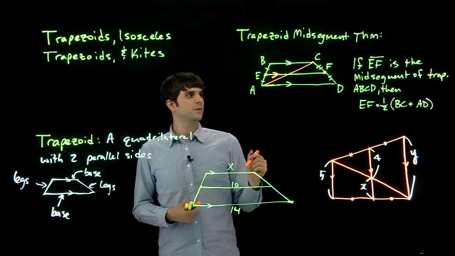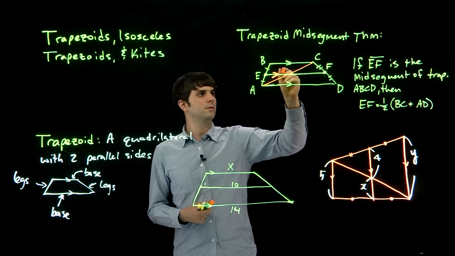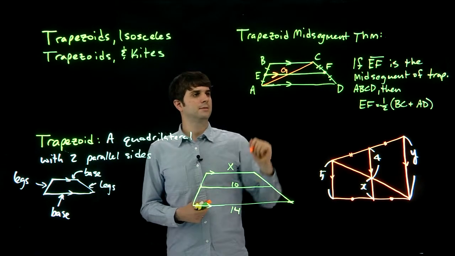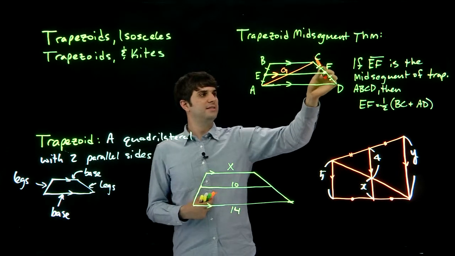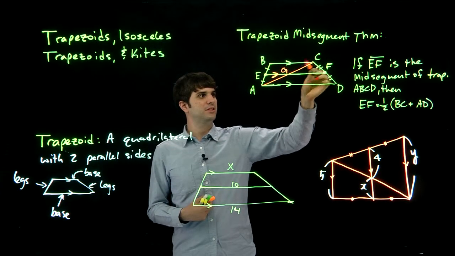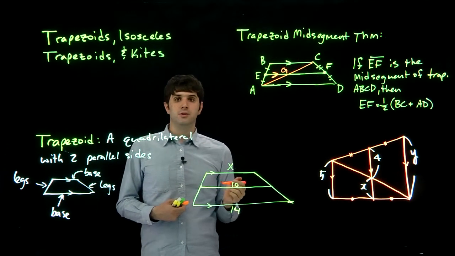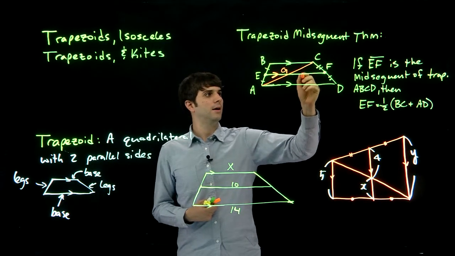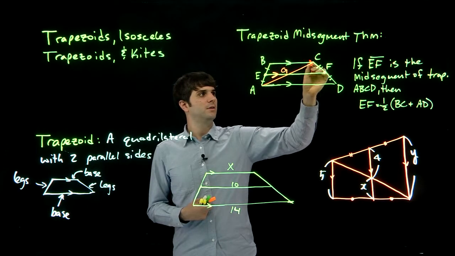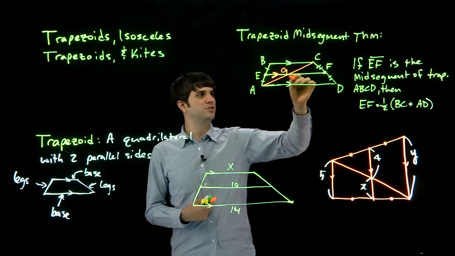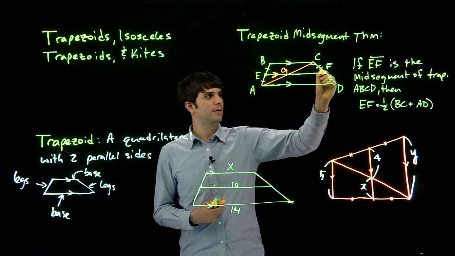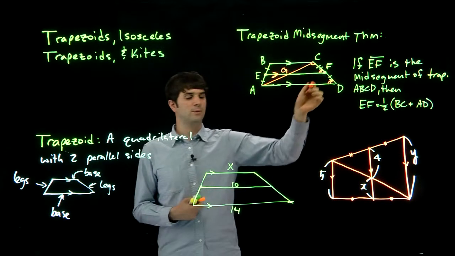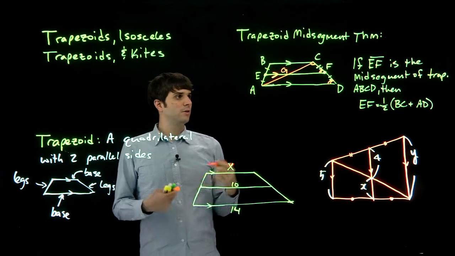Let me label this G. So we know that triangle CGF is similar to triangle CAD. CGF, CAD, those are similar because angle and angle. So by AA similarity, those are similar.